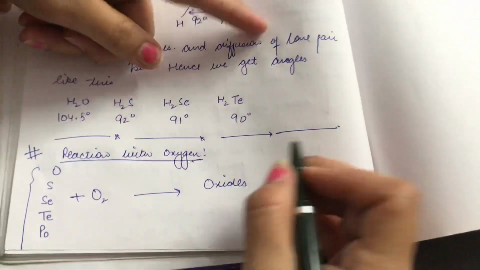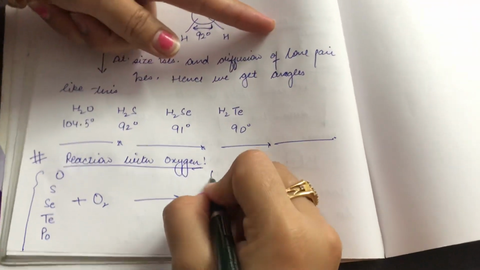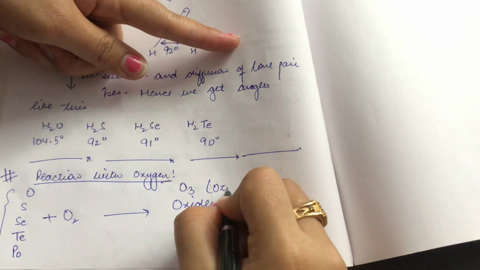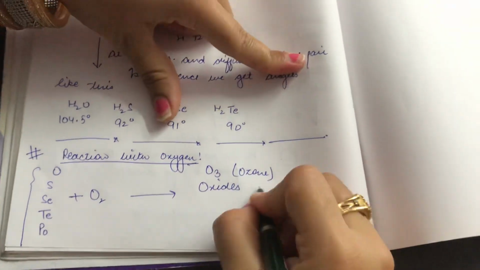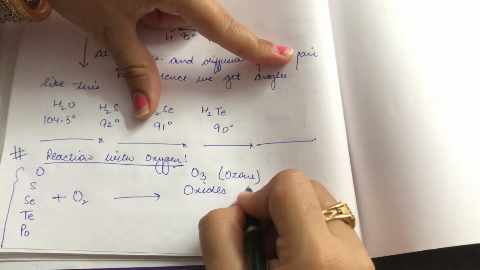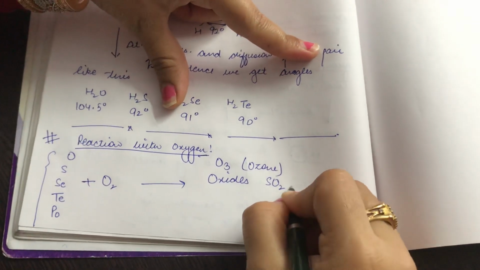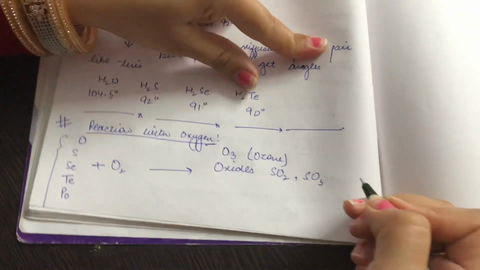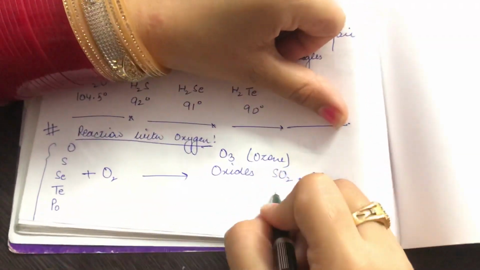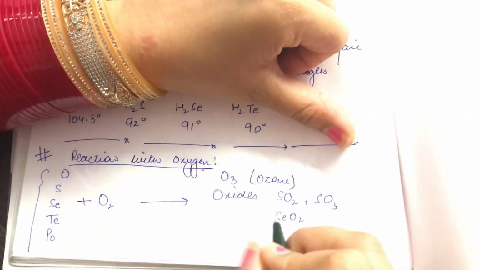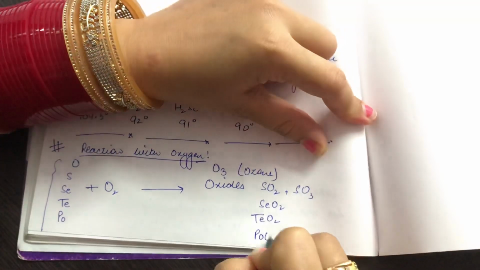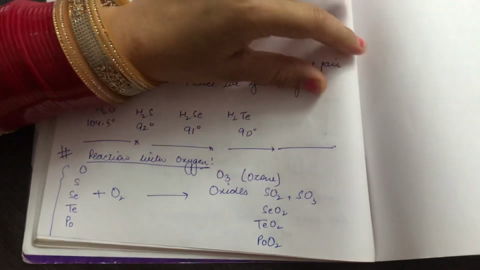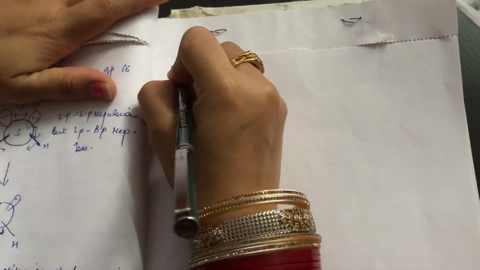When oxygen reacts with oxygen, we only have O3, that is ozone, which you have studied. Next, when sulfur reacts with oxygen, it gives SO2, SO3. Similarly, selenium, tellurium and polonium. Clear?